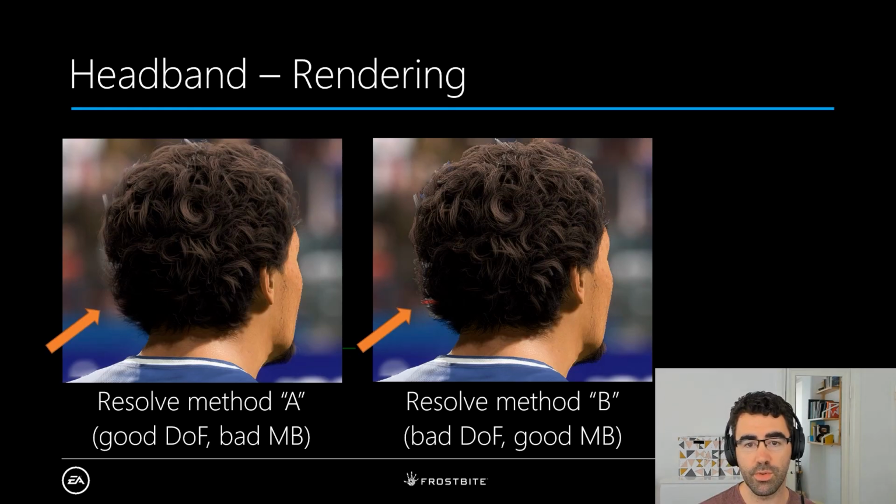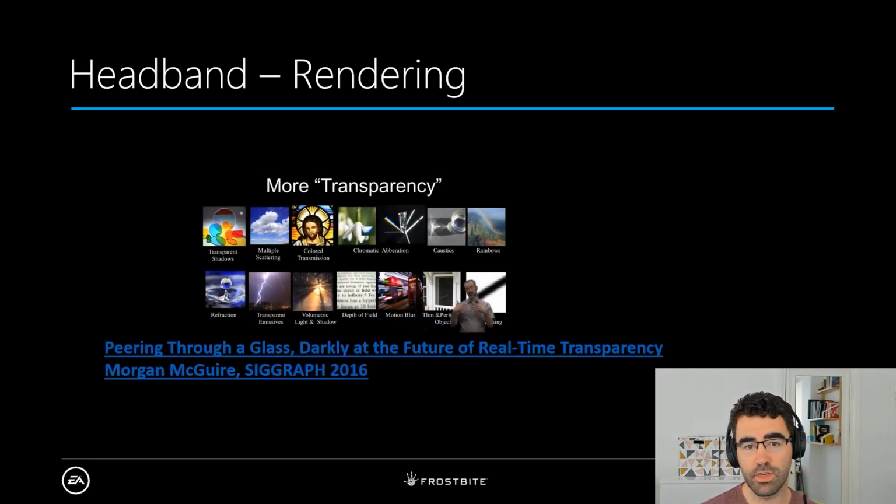They could choose a resolve method that would have good depth of field and bad motion blur, or one that has good motion blur but bad depth of field. This is less than ideal, but it has allowed us to hide the most glaring issues pretty well. The bottom line is real-time rendering of semi-transparent objects is a very hard problem. You can check this nice talk by Morgan McGuire for more information on that.